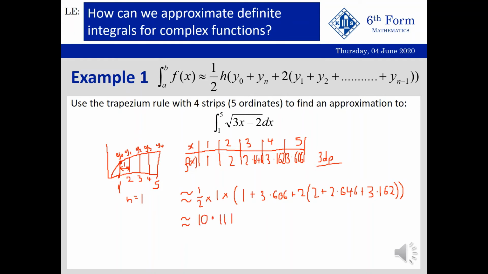Okay, this is only an approximate value, so doing it to 3 decimal places probably isn't appropriate. So I'm going to call it a value of 10.1 to 1 decimal place for my approximation. What's a great idea also to do on your calculator is to do a quick check. Your calculator actually has an integration function. You can use that to check and get an exact answer.